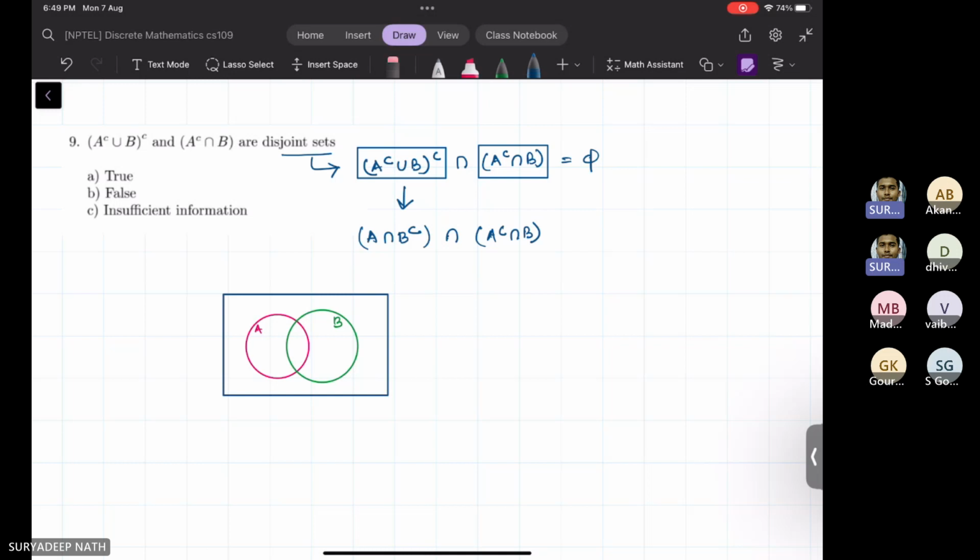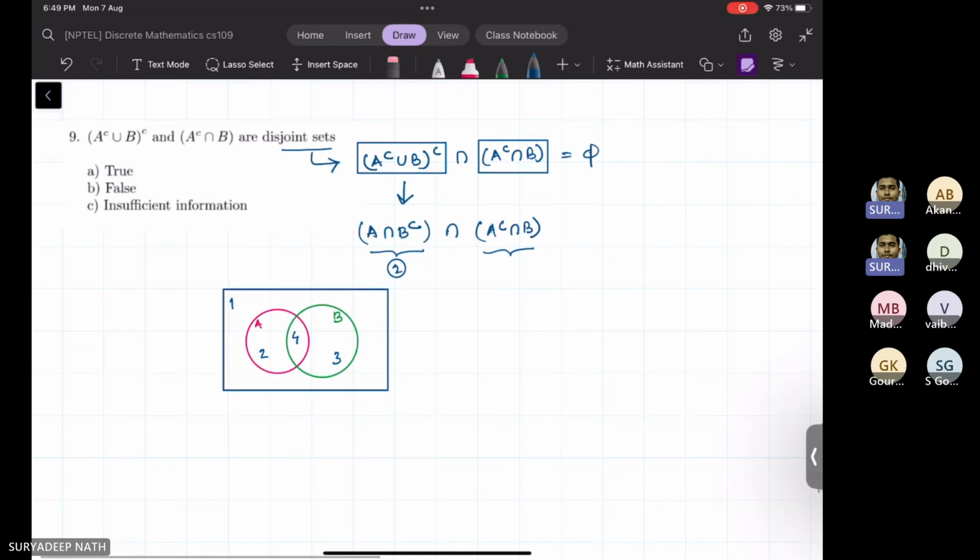Again, let me write the numbers 1, 2, 4, 3. So this part is A intersection B complement. B complement is anything that is outside of B, and A intersection B complement is region 2, and A complement intersection B would basically be any region outside of A and contained within B, that is region 3.